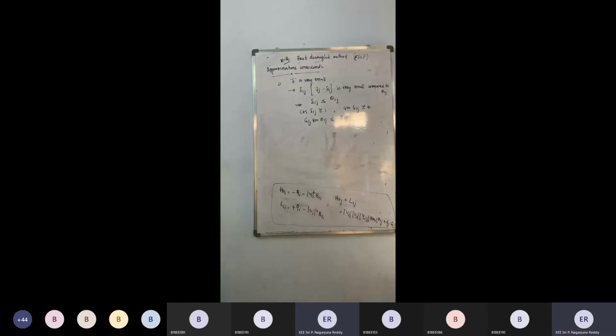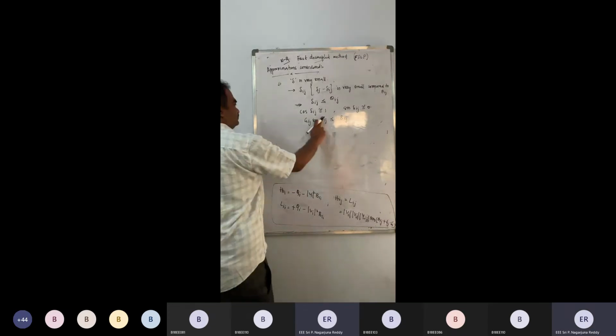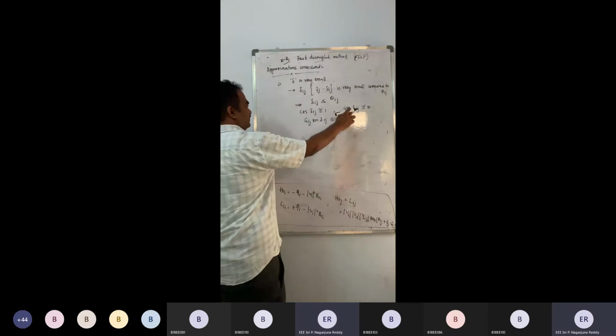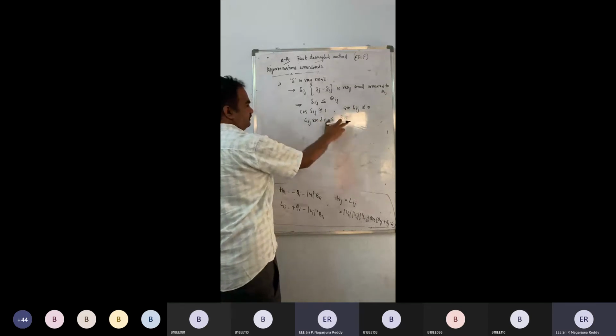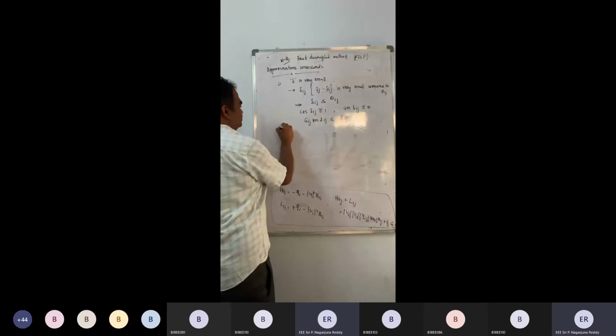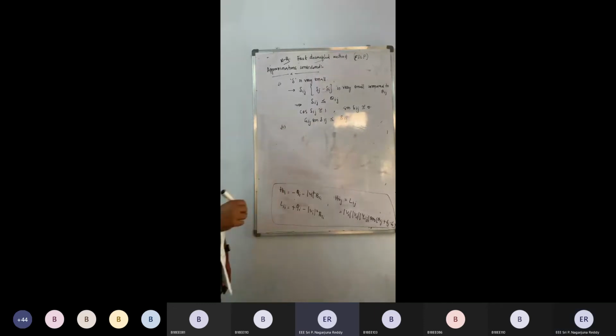Try to remember this one; we will come across this particular term. Since the sin delta value is very, very low, this particular term is considered very, very small compared to the remaining terms. This is the first approximation.